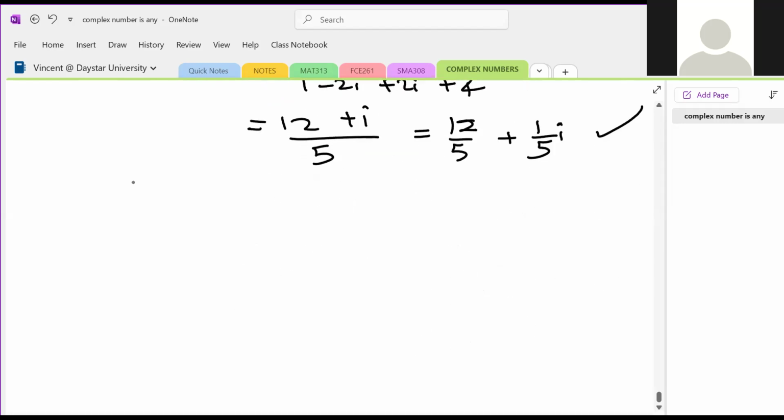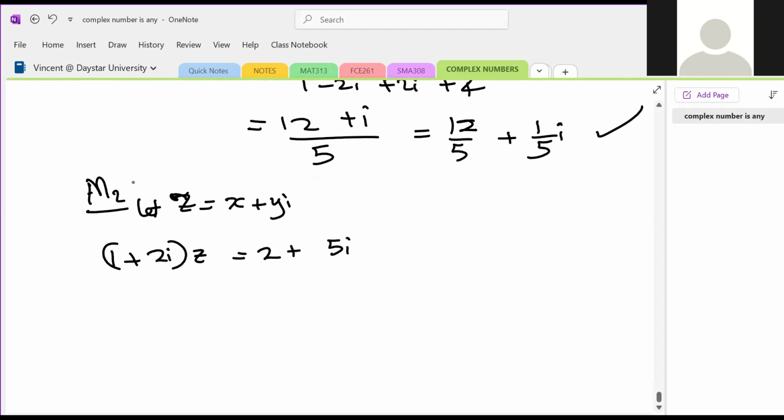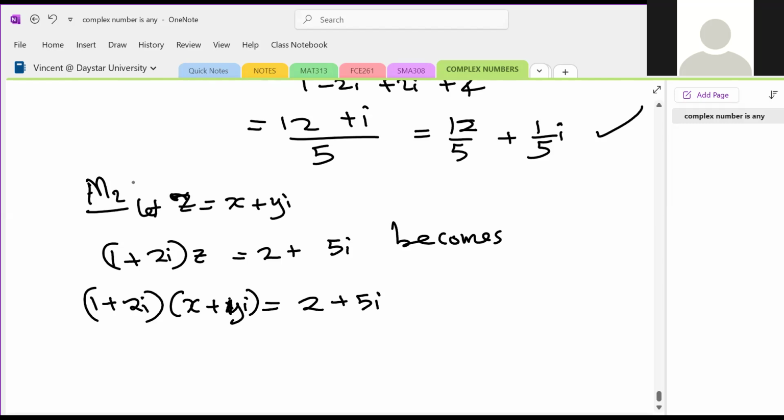Another way, method 2, you can say let z be given by x plus yi. So 1 plus 2i z equals 2 plus 5i becomes 1 plus 2i times x plus yi equals 2 plus 5i.